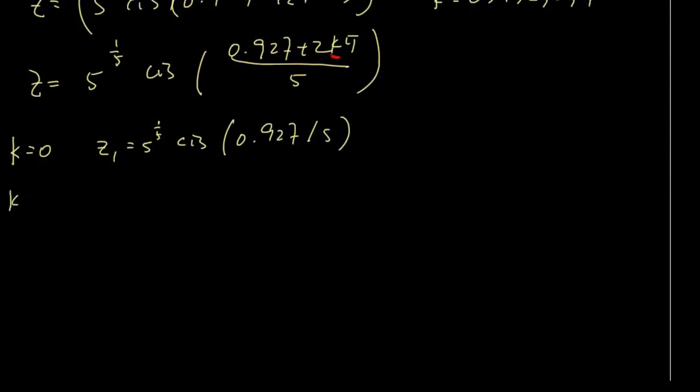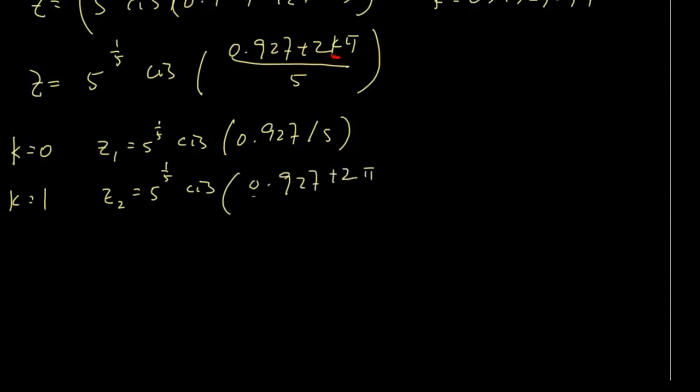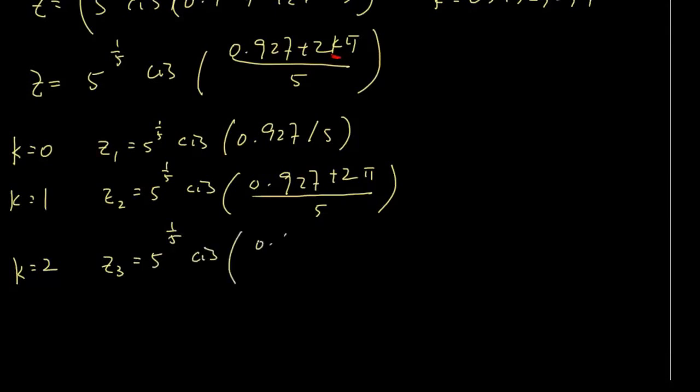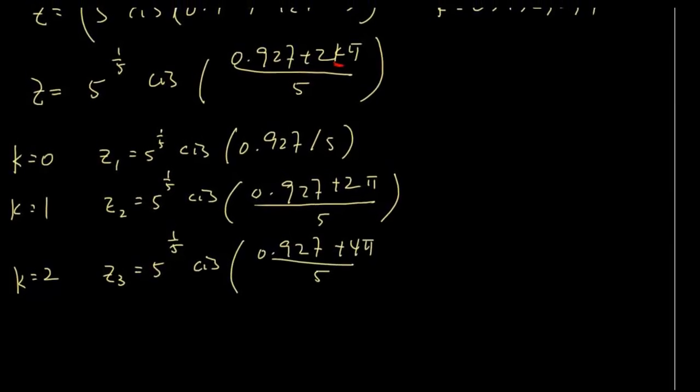For k equals 1, z2 equals 5 to the power of 1/5 cis of (0.927 plus 2 pi) over 5. For k equals 2, z3 equals 5 to the power of 1/5 cis of (0.927 plus 4 pi) over 5.